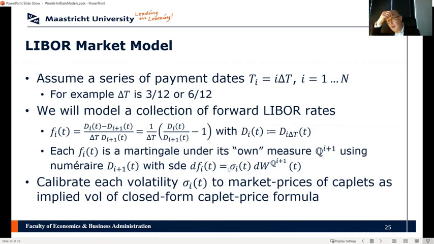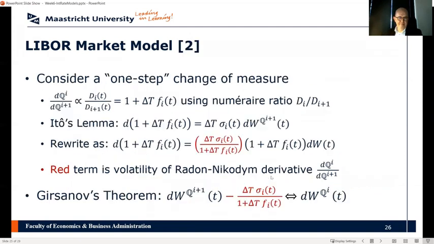So this is the connection that I'm going to make, that these sigma_i numbers are, let's say, directly observable in the market as the implied volatilities that will match my theoretical caplet price formula to the market prices that I see quoted in the markets. So I now have these sigma_i quantities for each individual forward LIBOR rate that I extract from all the caplet prices.